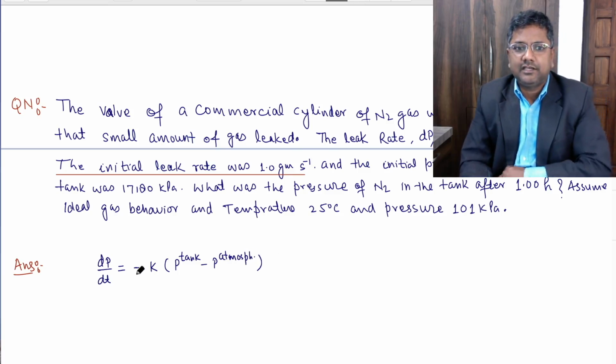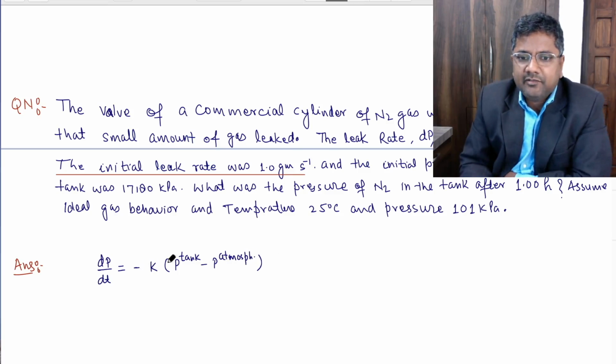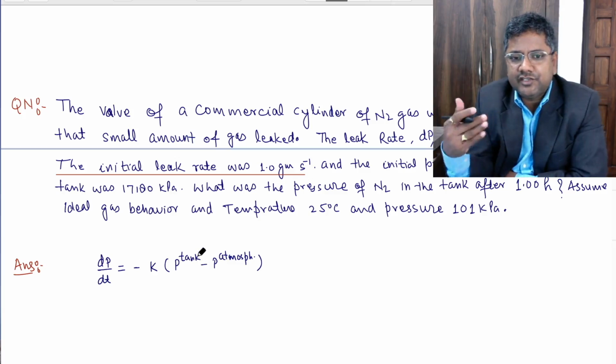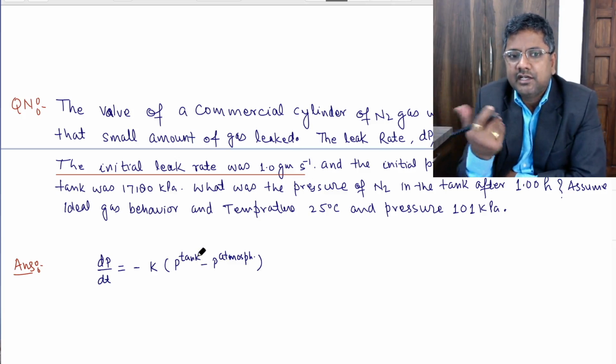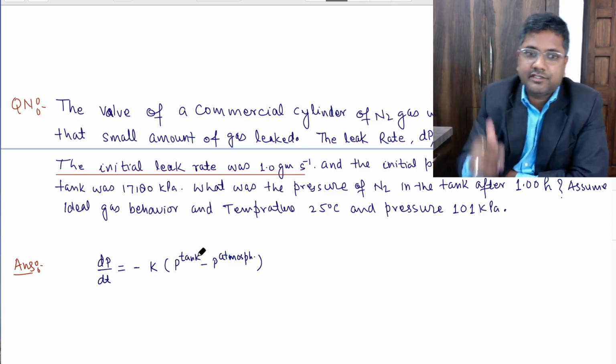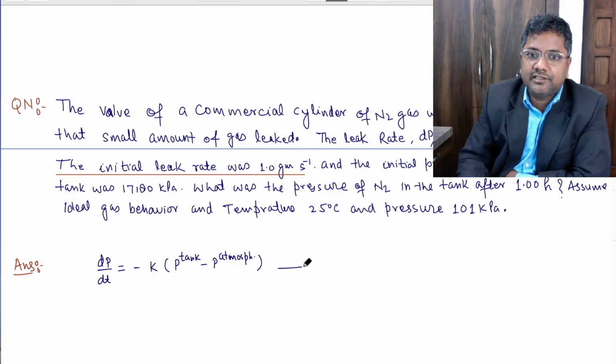Why have I shown this negative? Because every time after the initiation, the pressure of the tank gradually decreases, so the rate will decrease, not increase. So the negative sign in this equation shows the decrease in rate.